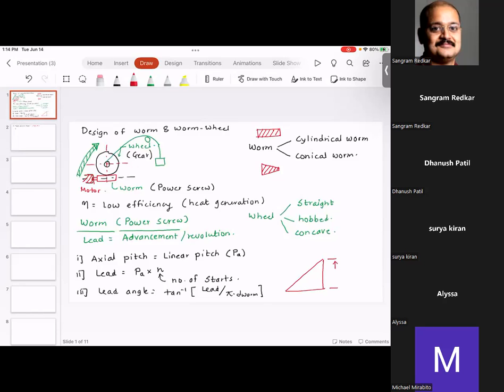This is the lead. This is pi times the diameter of the worm. The lead angle can go anywhere between 9 to 45 degrees.